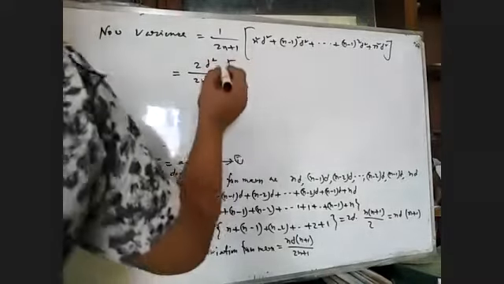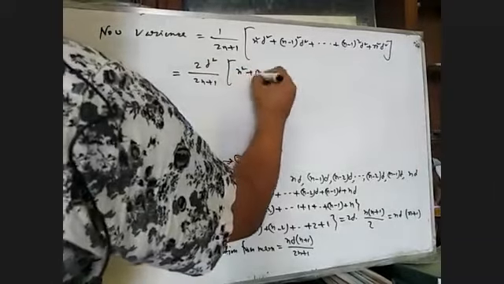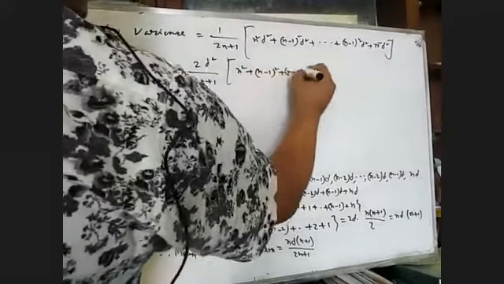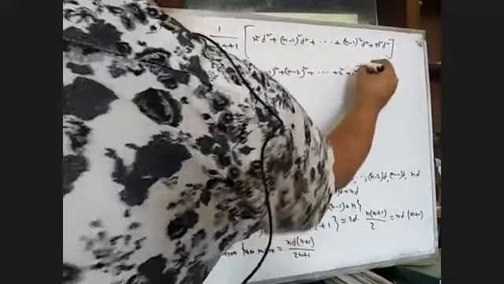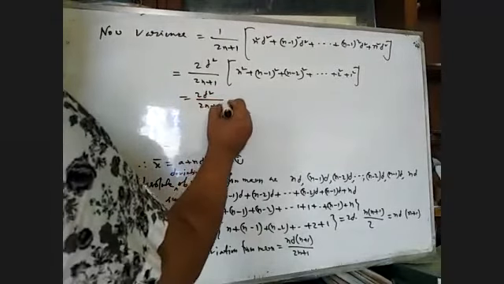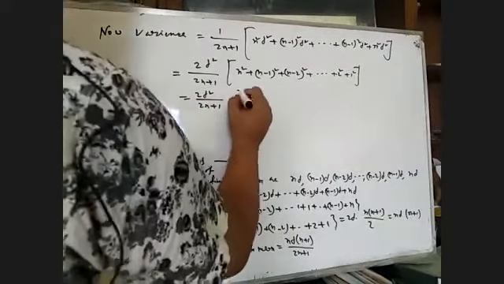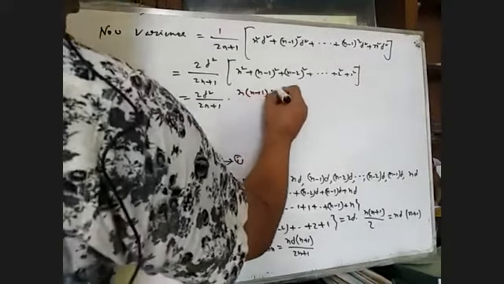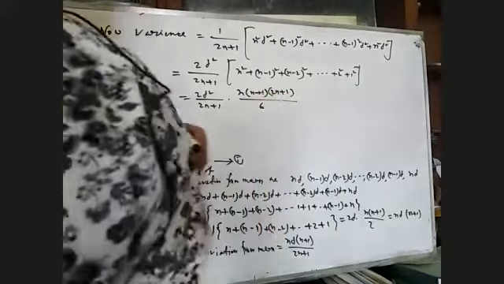We get a series like this: n square plus n minus 1 square plus n minus 2 whole square plus dot dot plus 2 square plus 1 square. Okay, and this is another series, sum of squares of n natural numbers. Sum of squares of n natural numbers is n into n plus 1 twice n plus 1 divided by 6.